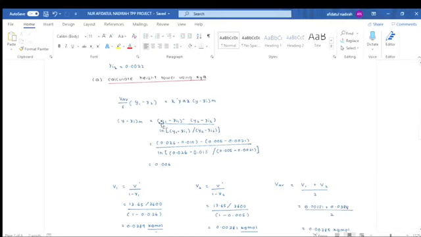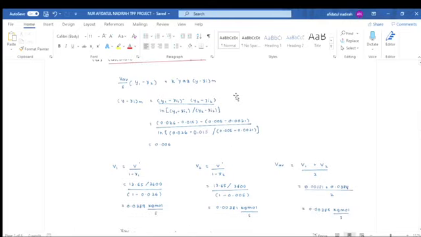For y1, it's already stated in the question. So yi1 we will get from the graph. Same goes for yi2, where we can get it from the graph. So after we substitute the values that we already know, either from the graph or the question, we will get the value of y minus yi is equal to 0.006. Okay, for now, the only unknown value is z, which is the height.